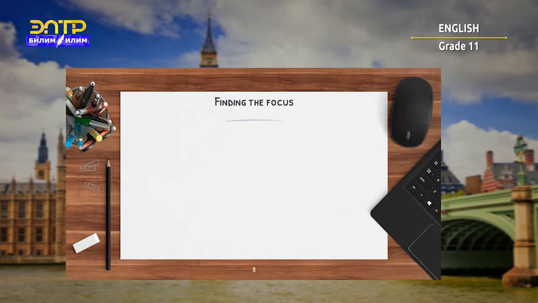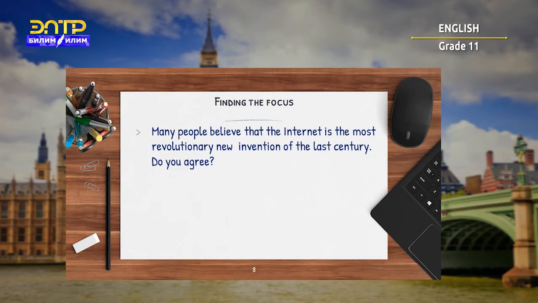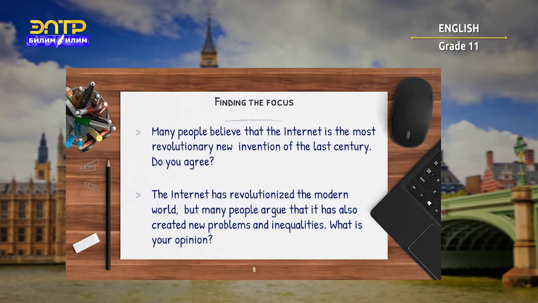Finding focus, it's very important to look at the actual question words very closely. Please consider the following questions. Many people believe that the internet is the most revolutionary new invention of the last century. Do you agree? The internet has revolutionized the modern world, but many people argue that it has also created new problems and inequalities. What is your opinion?